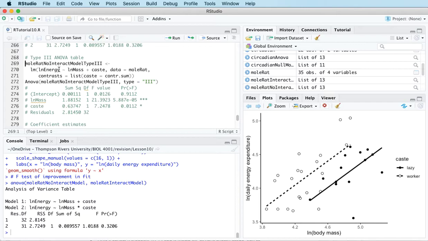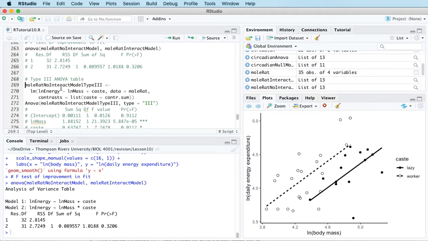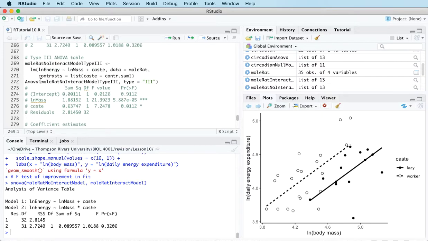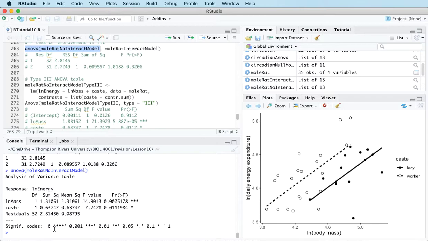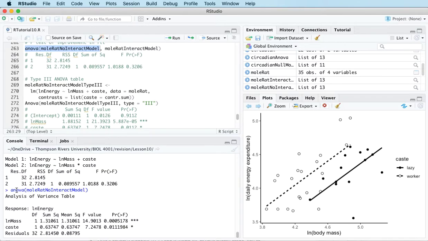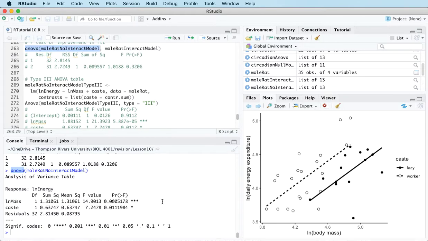So to do that, we have to do something a little bit complicated. We have to work with something called the type 3 ANOVA table. Because if I was to just do this, and just use the regular ANOVA function, I get what's known as a type 1 ANOVA table.